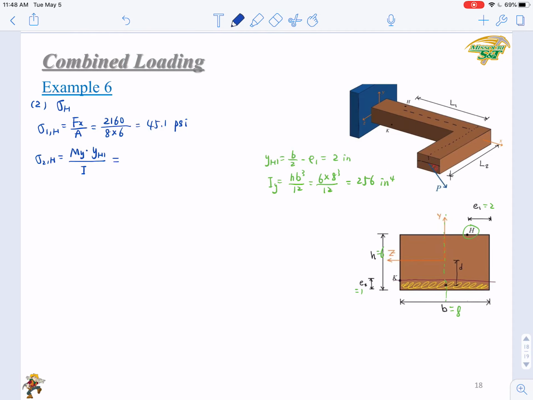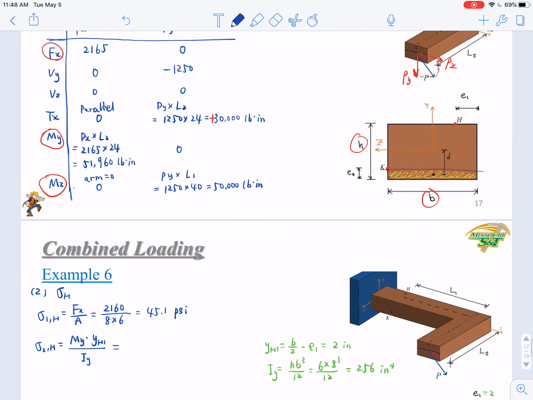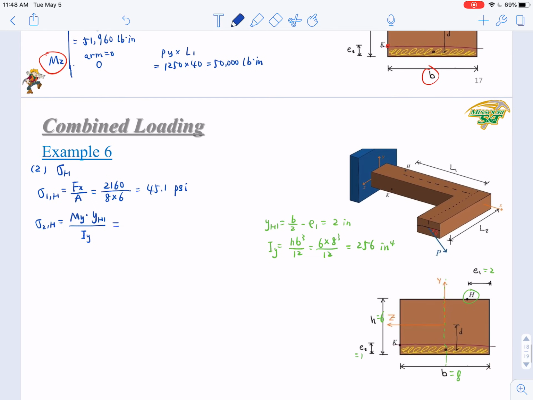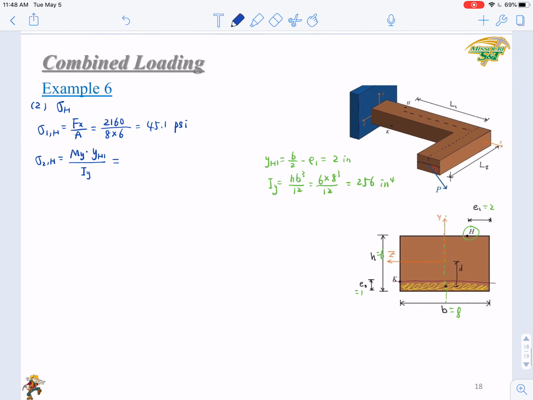Okay, so now in this equation, you just put the numbers in. Here is IY, so it will be MY as just determined, 51,960 times 2 over 256.